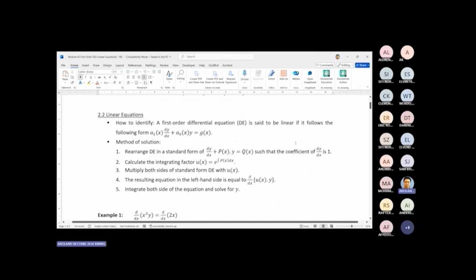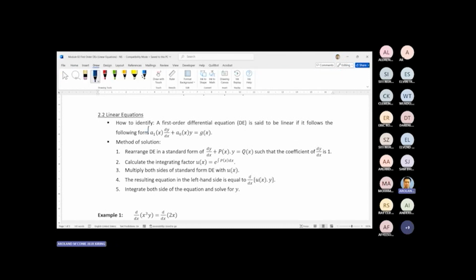Okay, so this method is called the linear equation method. Any equation that follows this form, we call a linear equation. This is a differential equation.